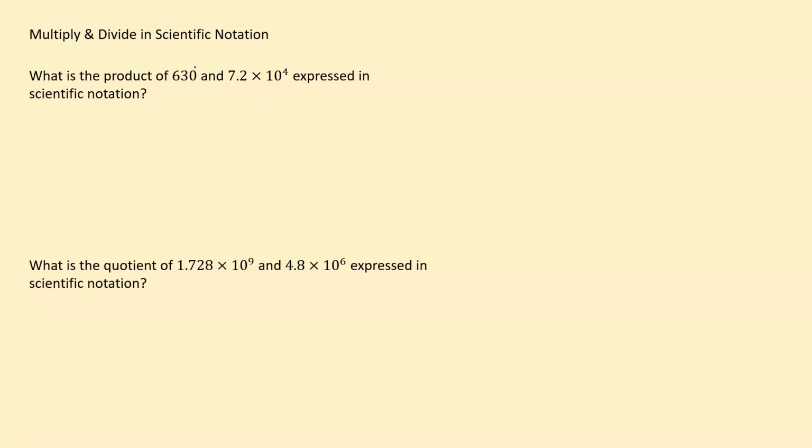So what I'm going to do is convert this 630 to scientific notation first. Even though that's not a very big number, I'm still going to say 6.3 times 10 to the second power. And then we're multiplying this, because this is the product, by 7.2 times 10 to the fourth.